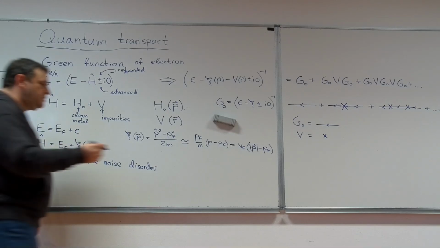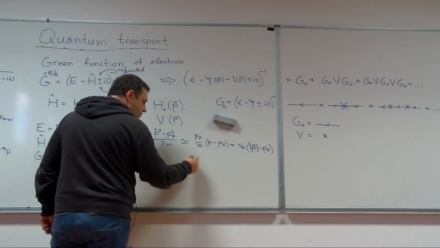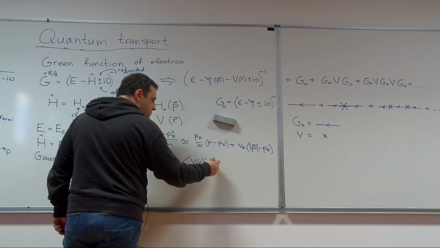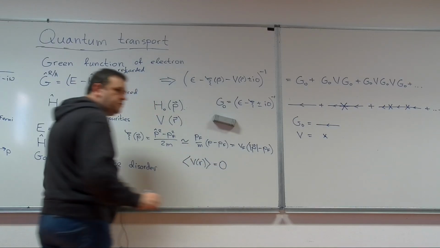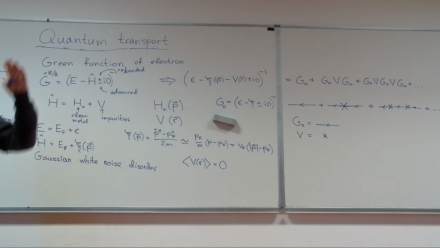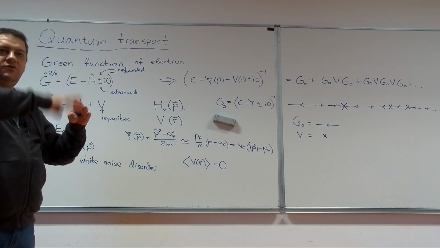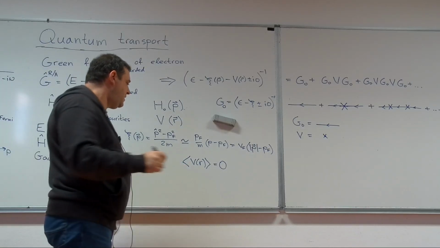Gaussian distribution means that at every point, V of R is on average 0. We just select it this way. V can be positive or negative. On average, it is 0.